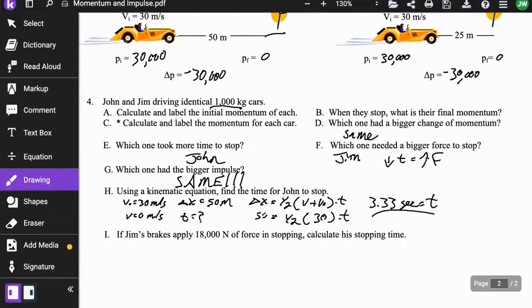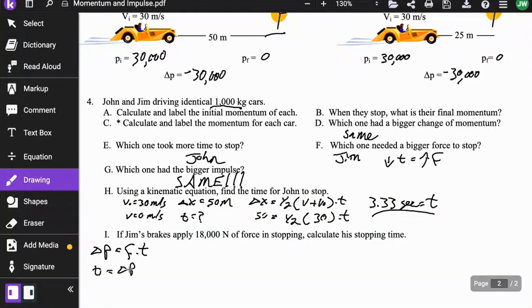If Jim's brakes apply 18,000 newtons of force in stopping, calculate his stopping time. So change in momentum is equal to force times time. The change in momentum was negative 30,000. Time is what we're looking for.